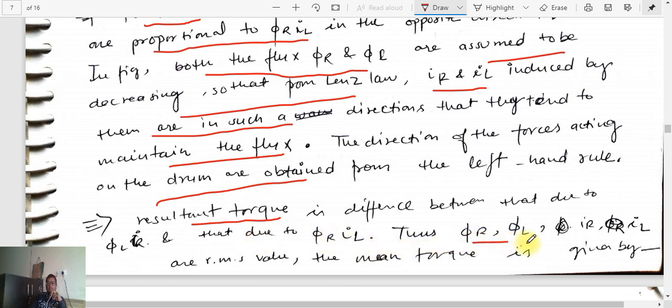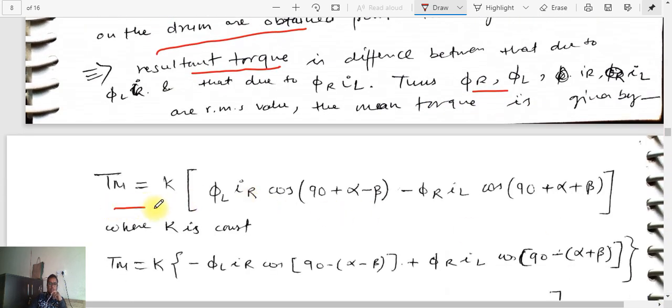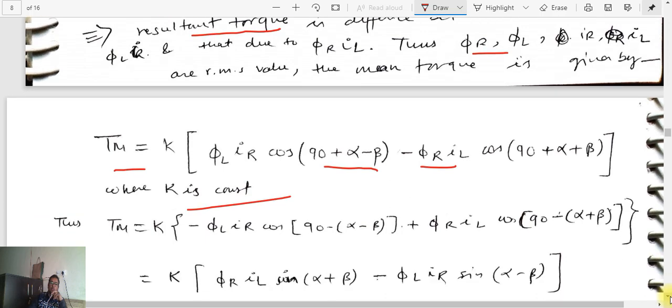Thus phi R, phi L and IR, IL are RMS values, and the mean torque is given by Tm equal to K phi L IR cos(90 plus alpha minus beta) minus phi R IL cos(90 plus alpha plus beta), where K is a constant.